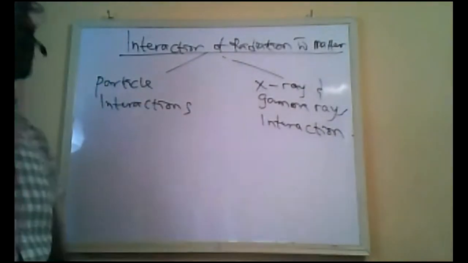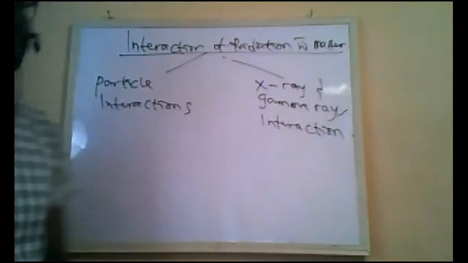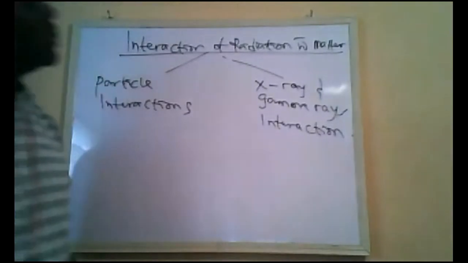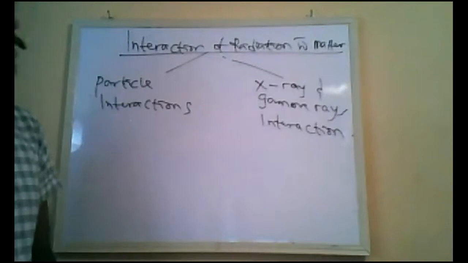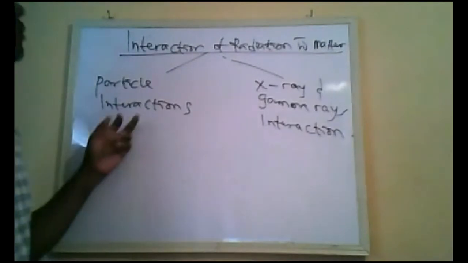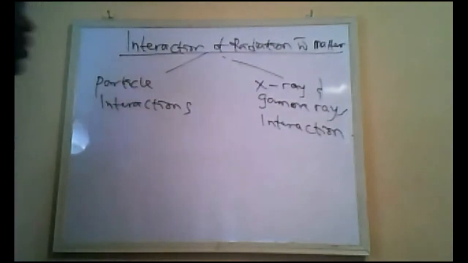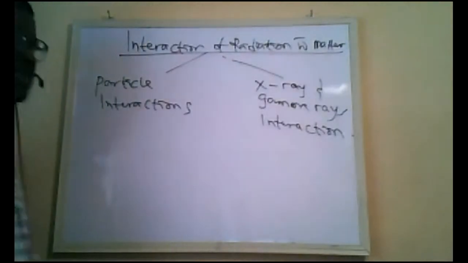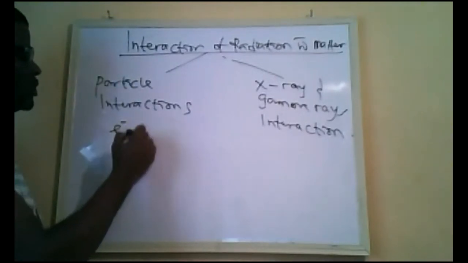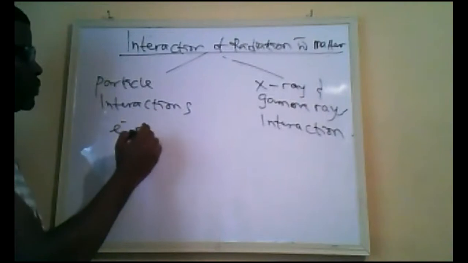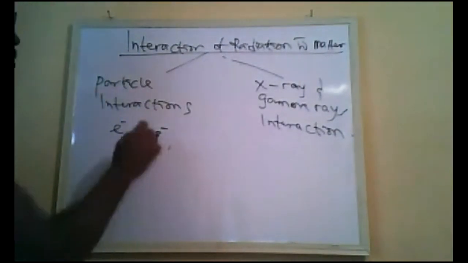For X-ray and gamma ray interactions, we have X-ray radiography, CT, mammography, fluoroscopy, and the likes. Whereas for particle interactions, we are looking at the interactions of electrons, beta plus particles, beta minus particles, negatrons, positrons.